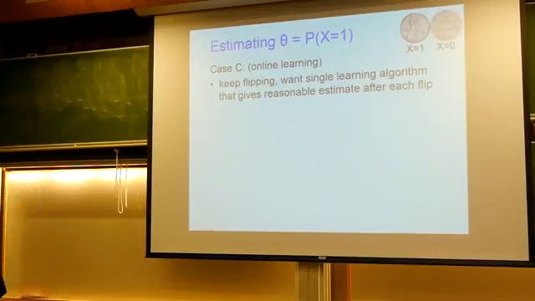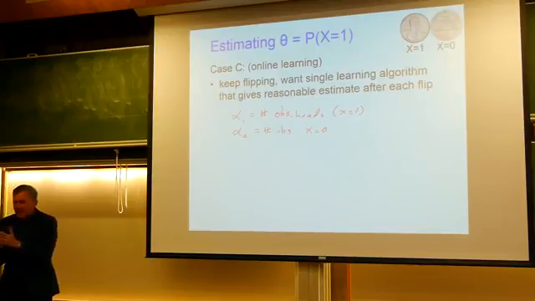Right, so we could still say alpha 1 is the number of observed heads, x equals 1. And alpha 0 is the number of observed x equals zeros.